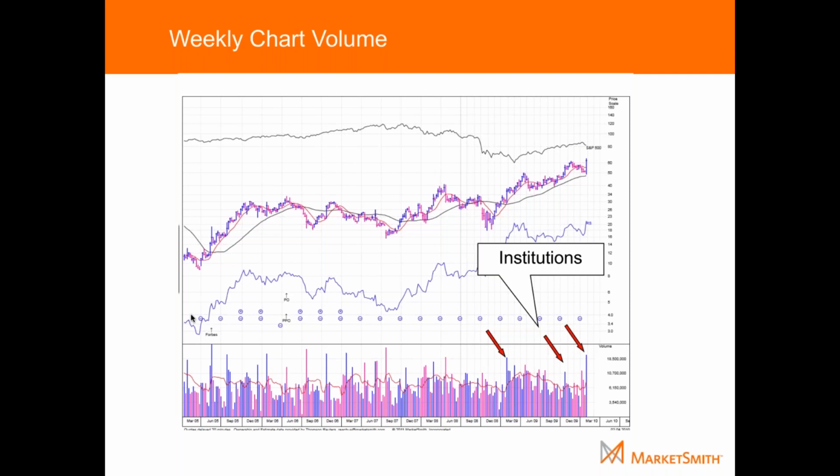But for timing purposes, you're probably going to want to use the daily. As per Bill's book, Bill likes to see a minimum of 40% or more. For me personally, I've found that the odds go much higher in my favor and there's better risk-reward when I see a few hundred percent or even a few thousand percent on those breakouts.